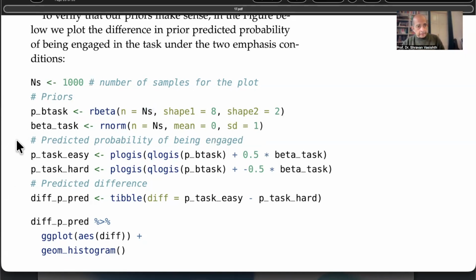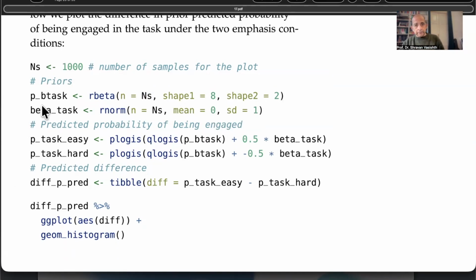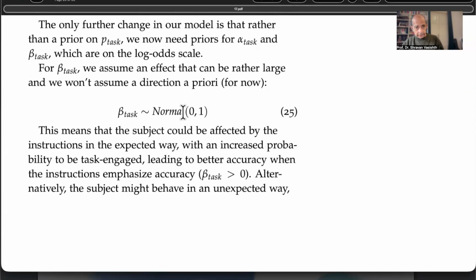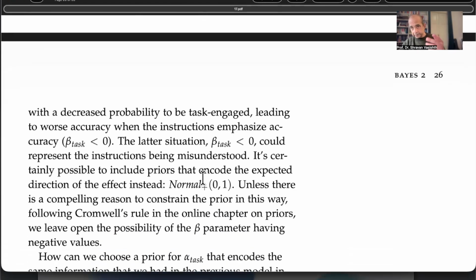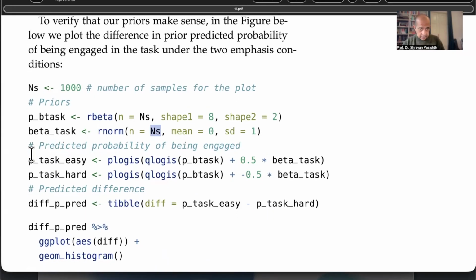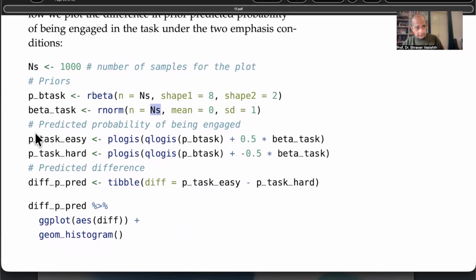And then beta task is coming from a standard normal, just like I defined here. We are simulating 1000 data points that represent beta task, the prior being the standard normal for beta task, right?